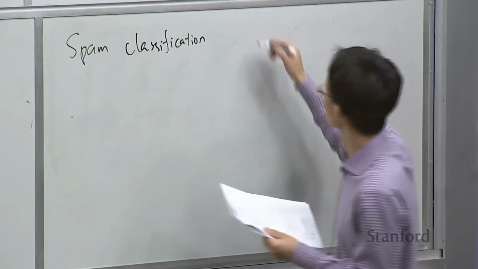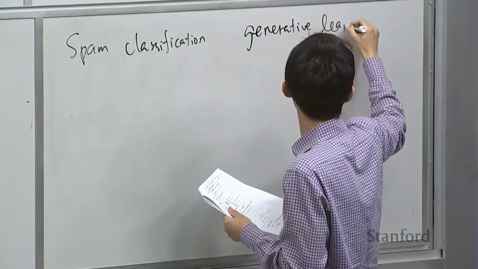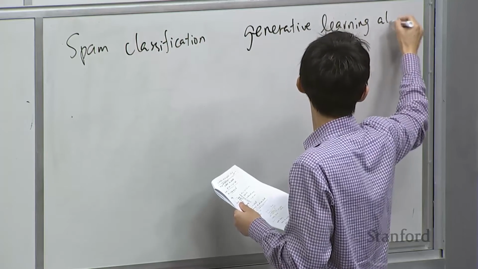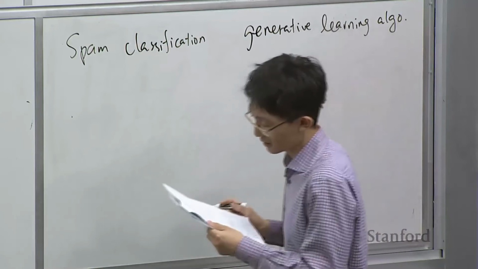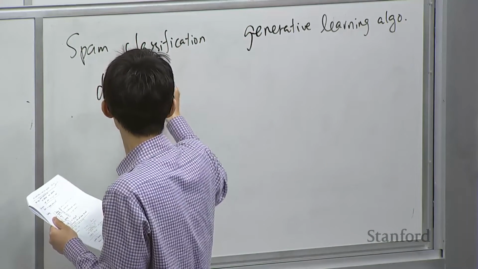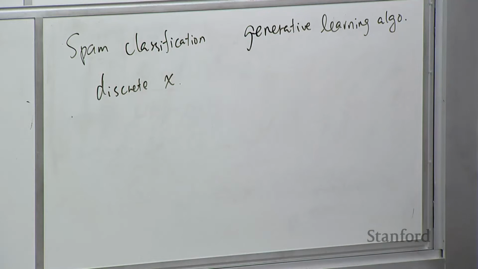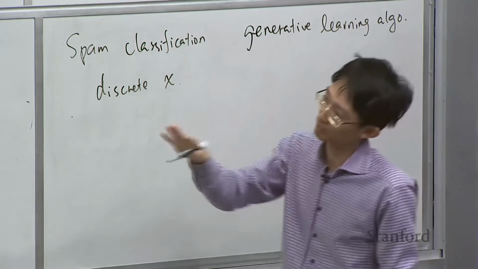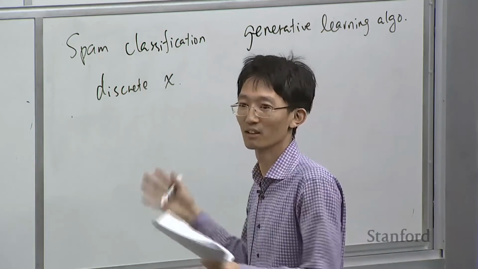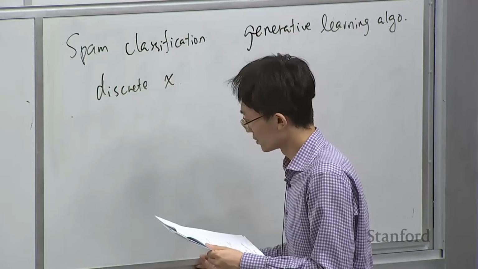We're still going to do a generative learning algorithm, and we are going to have discrete X. This is another example of how you do this generative learning algorithm: you model X given Y, execute this pipeline, and learn something out of it.